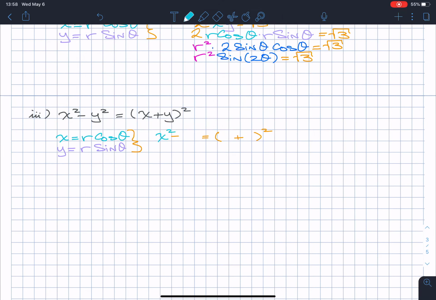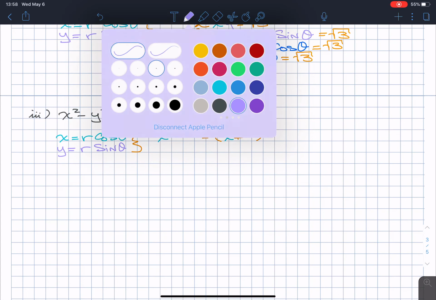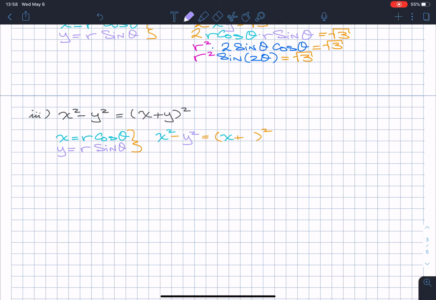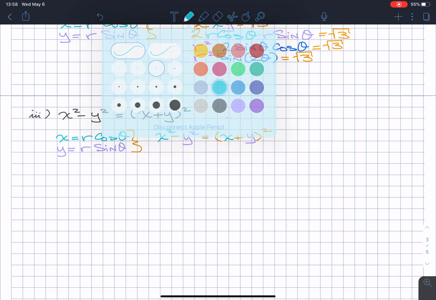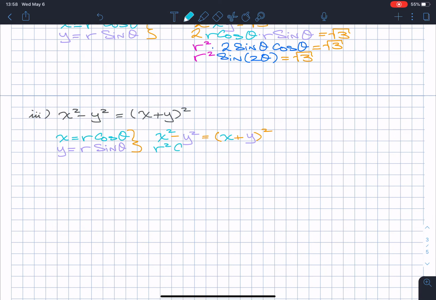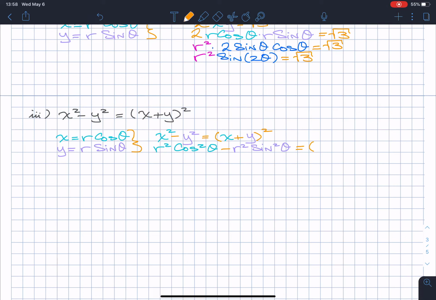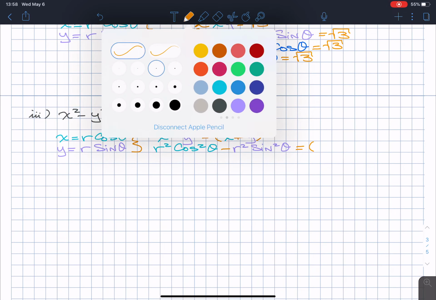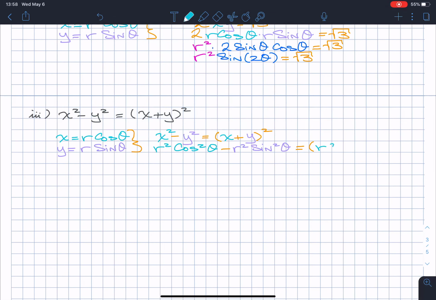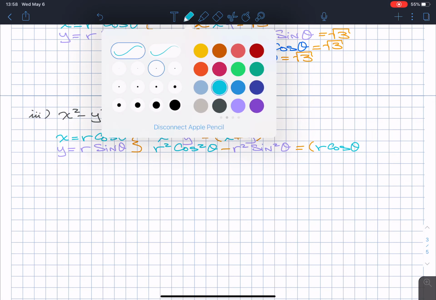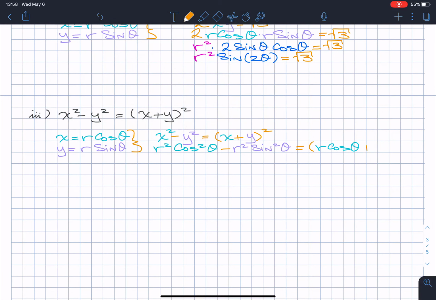So x squared, x, y squared, y. Okay, so this gives us r squared cosine squared theta minus r squared sine squared theta is equal to the quantity r cosine theta plus the quantity r sine of theta, all squared.